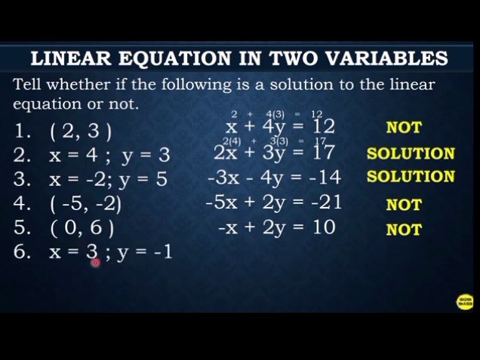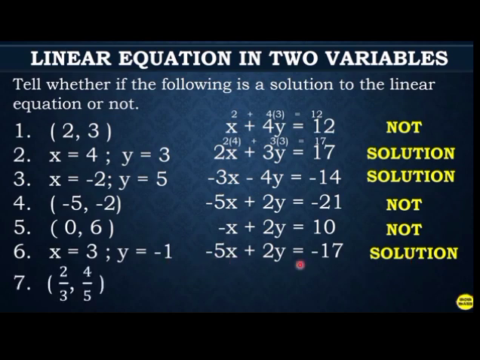Next is x equals 3 and y equals negative 1, and the equation is negative 5x plus 2y equals negative 17. It is a solution. And next is 2 over 3 and 4 over 5, and the equation is 6x minus 10y equals negative 4. Is this a solution or not? Okay, it is a solution.